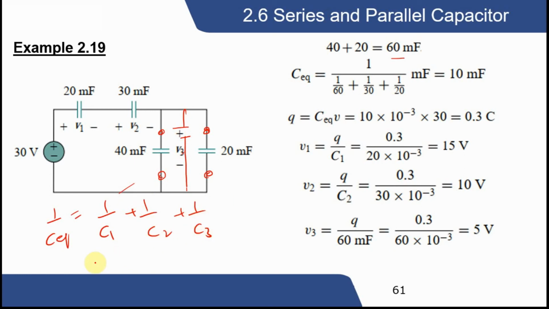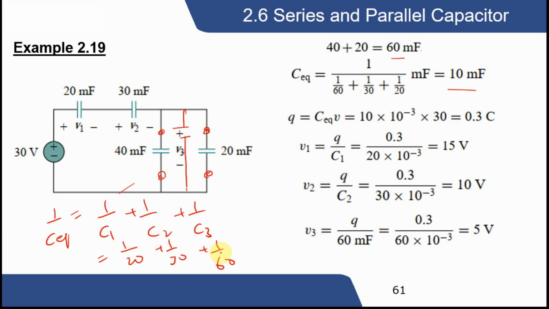If we calculate this, we take the LCM of 1 over 20 plus 1 over 30 plus 1 over 60.